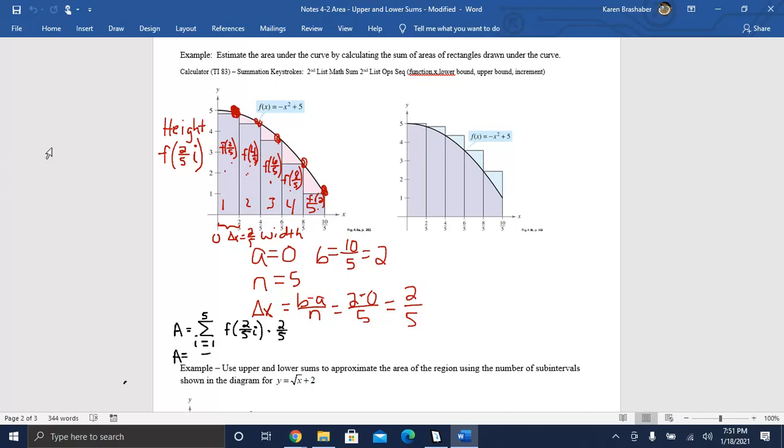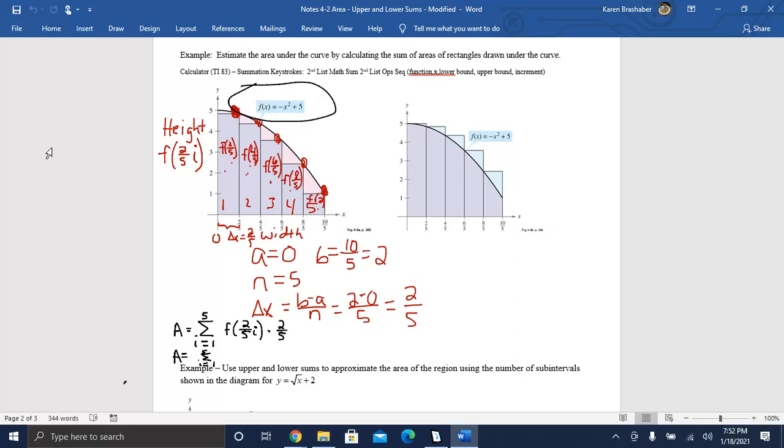Again, it is the sum from I equals 1 to 5. And again, my 1 to 5, 5 is my number of rectangles. Now, f of 2/5 I simply means that I am going to be using the function notation, putting 2/5 I in for the x.